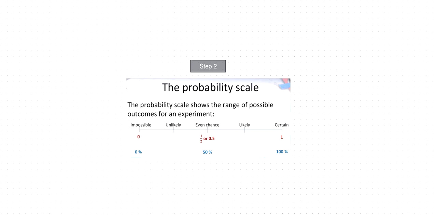Likely will be between 50% and 100%, which will be 75%, which as a decimal will be 0.75, and as a fraction, that will be 3/4. All right.